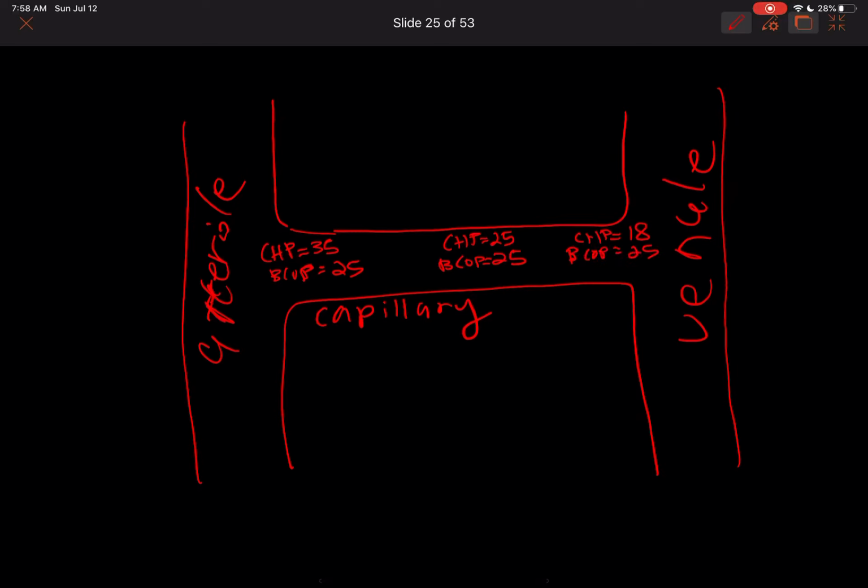Okay, and we just said NFP is equal to CHP minus BCOP. So just do simple subtraction here. We're subtracting BCOP from CHP to figure out NFP at these different locations. At the arterial end, the NFP is about positive 10.